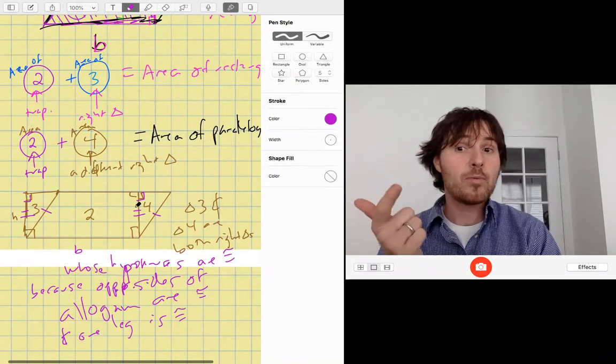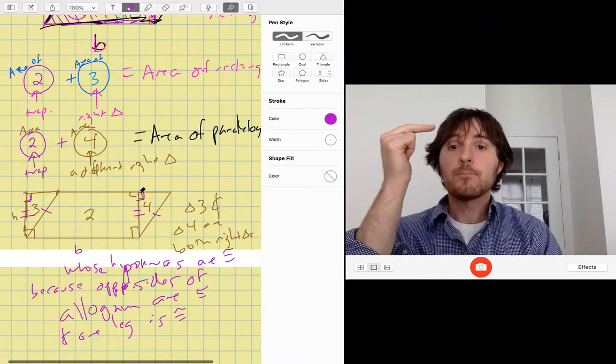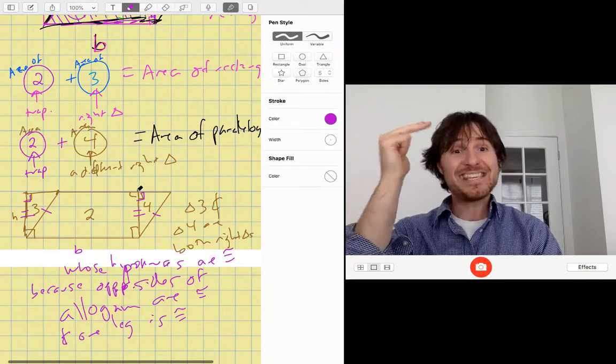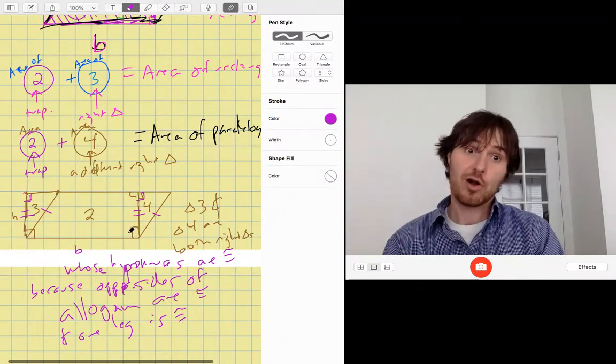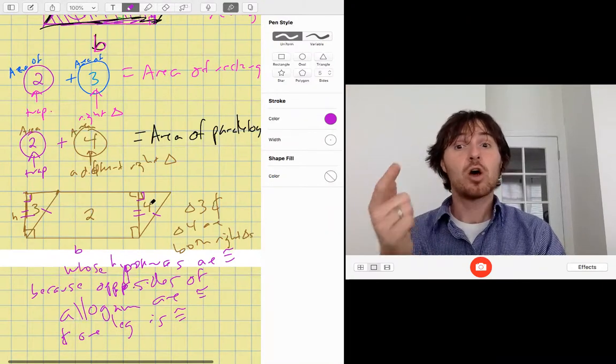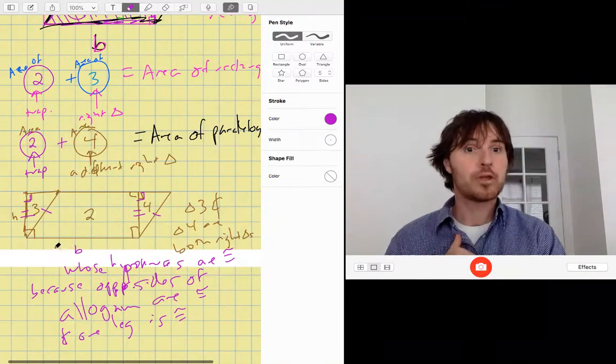Okay? And another way we can justify that leg and that leg are congruent is because points on one of two parallel lines are always equidistant from the other parallel line. So that's congruent to that. That leg's congruent to that. They're both right triangles. What theorem can we use?